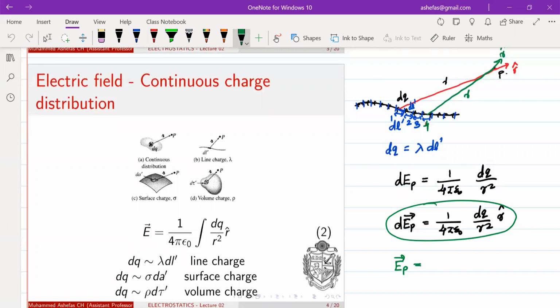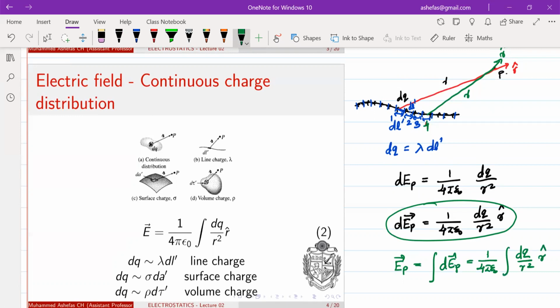And since it is an infinite sum of infinitesimal electric fields, we can rewrite the summation as integration. So this would be the integral of dEP, and that would become 1 by 4 pi epsilon 0 integral dq by r square r cap.